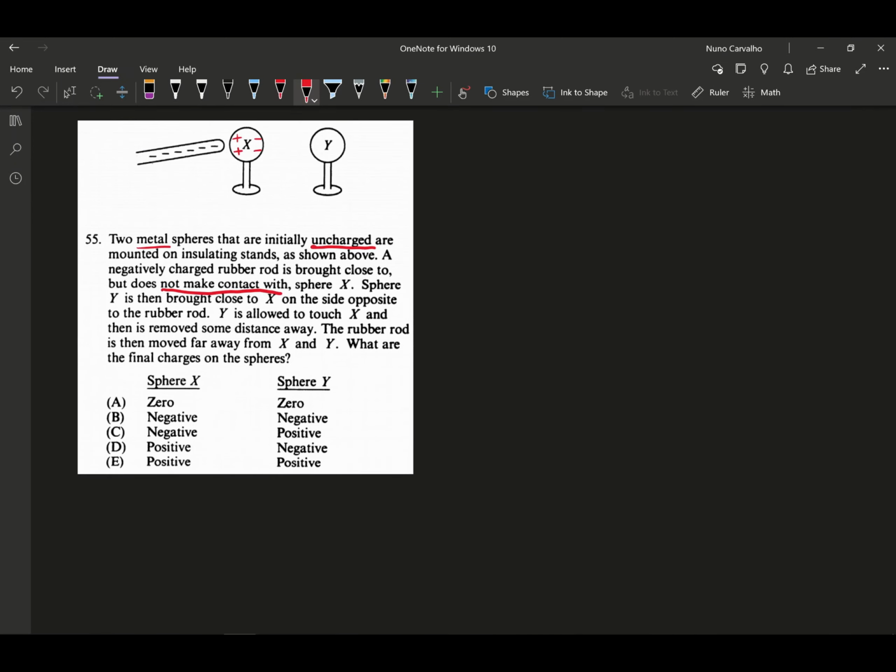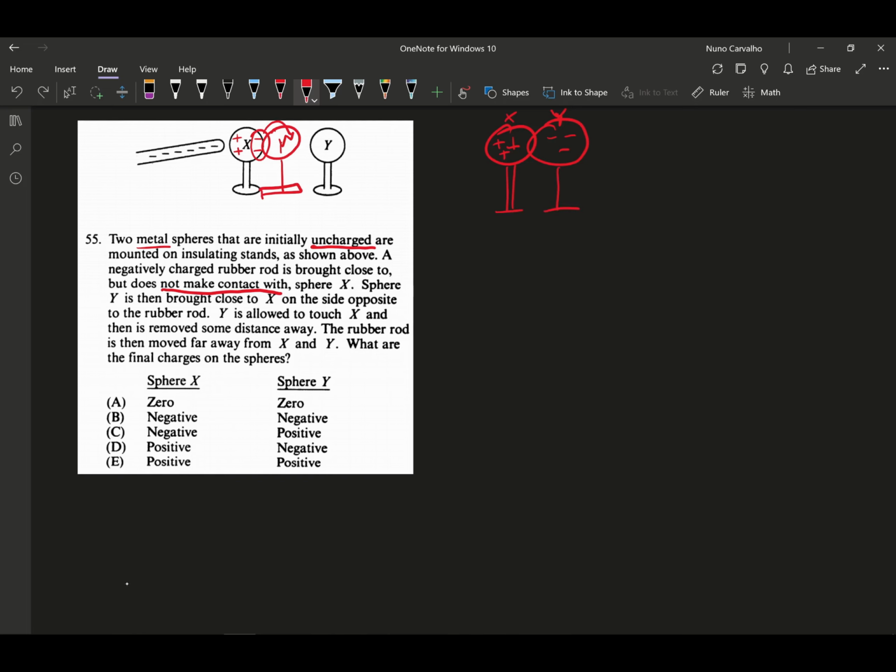Then when we bring Y close, and let me redraw it here, since they're in contact with each other and they're both metals, these negative charges, which are electrons, are allowed to move all the way to the Y. If we redraw this, this is X and this is Y, what we see is a large buildup of positive charges on the X, and a large buildup of negative charges on the Y, because the negative charges want to be as far away from this rod as possible.